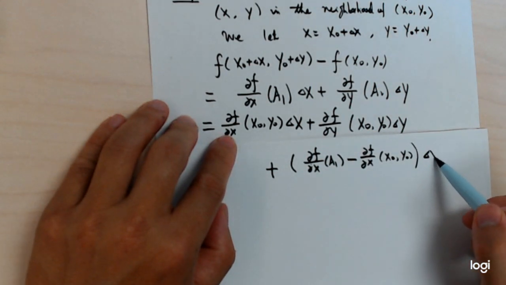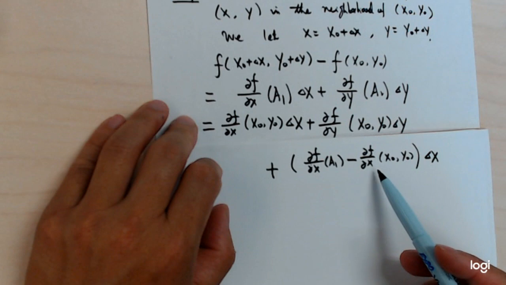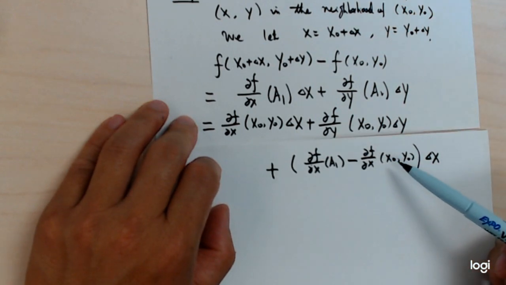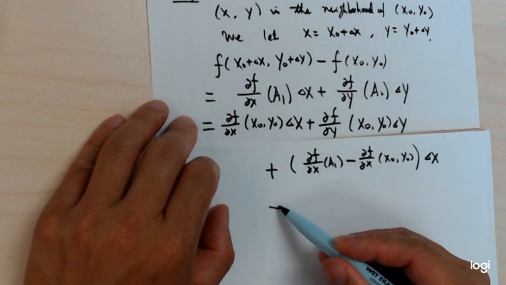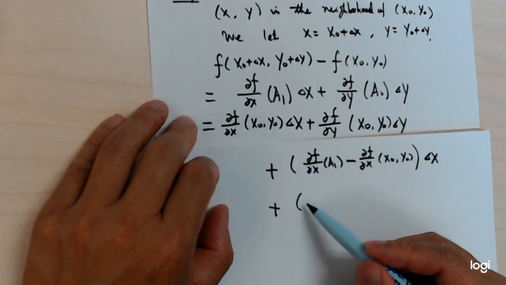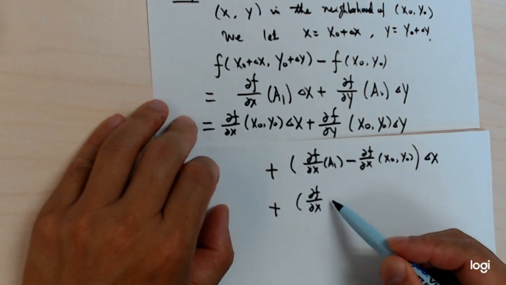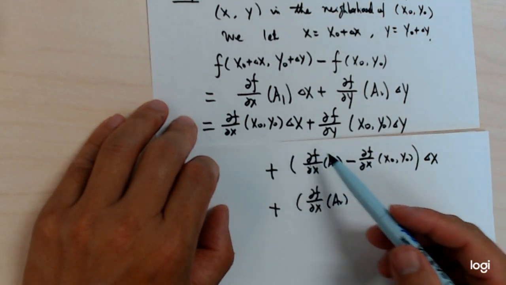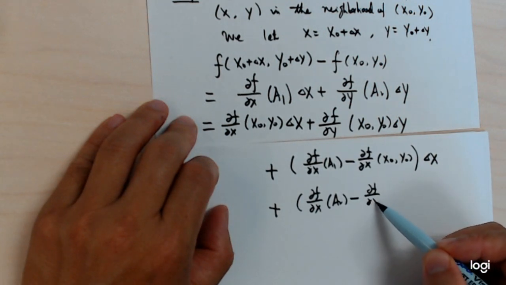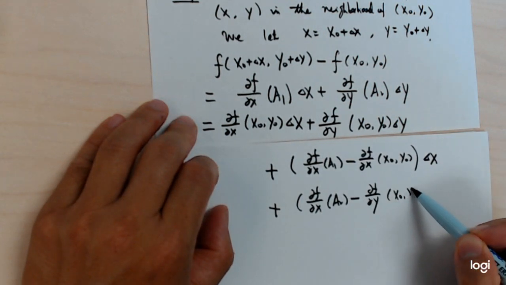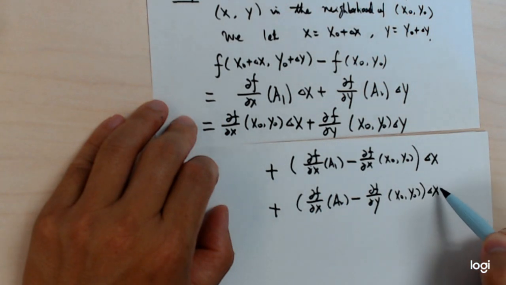Delta x. You see, when you add those two up, the partial derivative at x naught, y naught will be cancelled, and that's indeed just this here. So I don't care about the actual formula here, but these are the terms that come after the linear part, the linear error. Sorry, delta y.